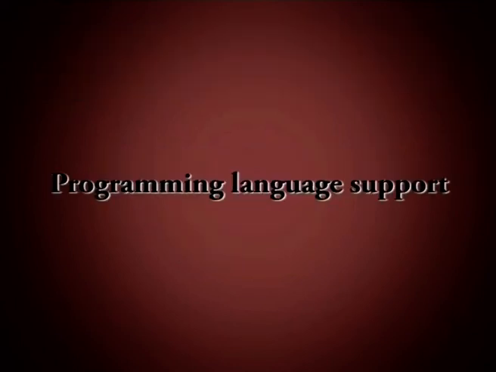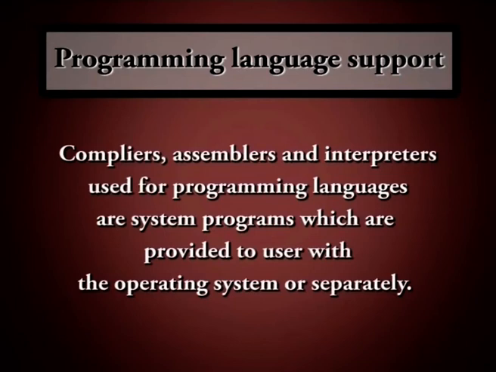Fourth one is programming language support. Compilers, assemblers and interpreters used for programming languages are system programs which are provided to the user with the operating system or separately. Next is program loading and execution.